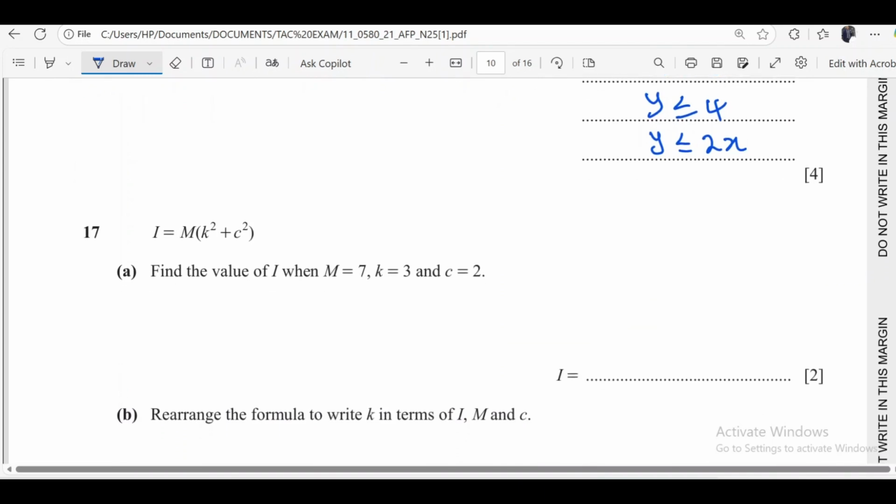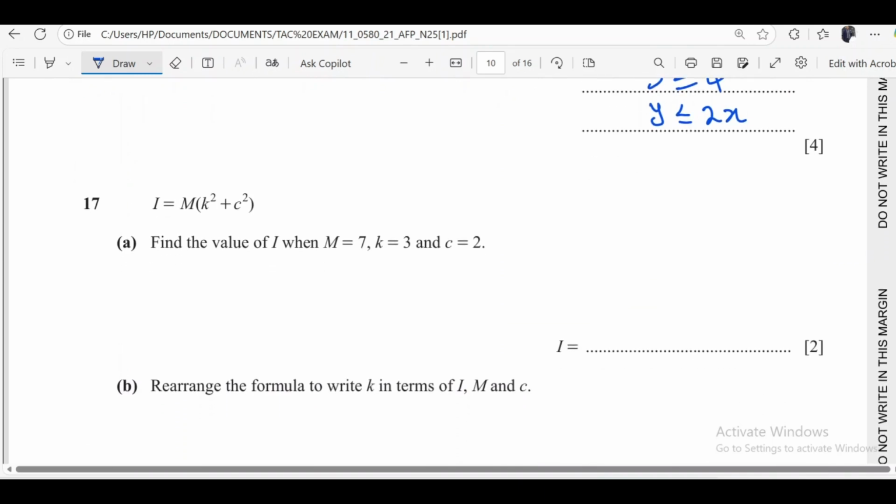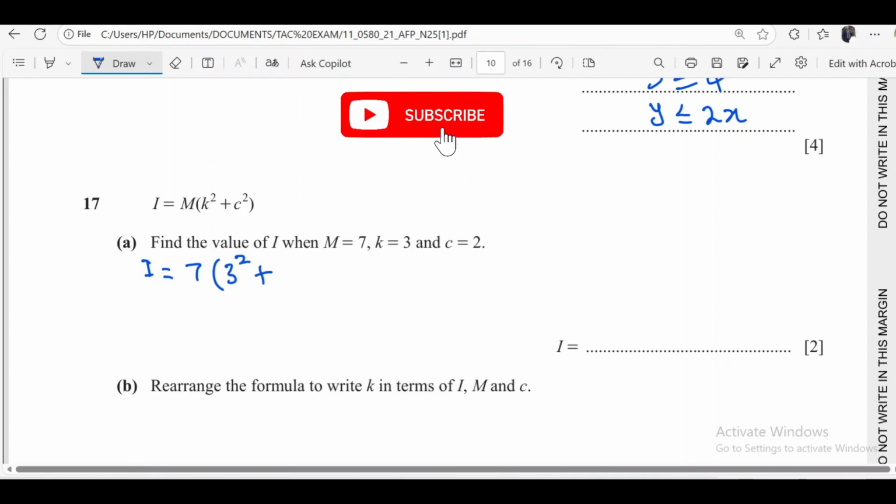Let's proceed to question number 17. 17a, we are required to find the value of I, when m is 7, k is 3, and c is 2. So what we do here, m is 7, k is 3, so we have 3 to the power 2, and c is 2, we have 2 to the power 2.